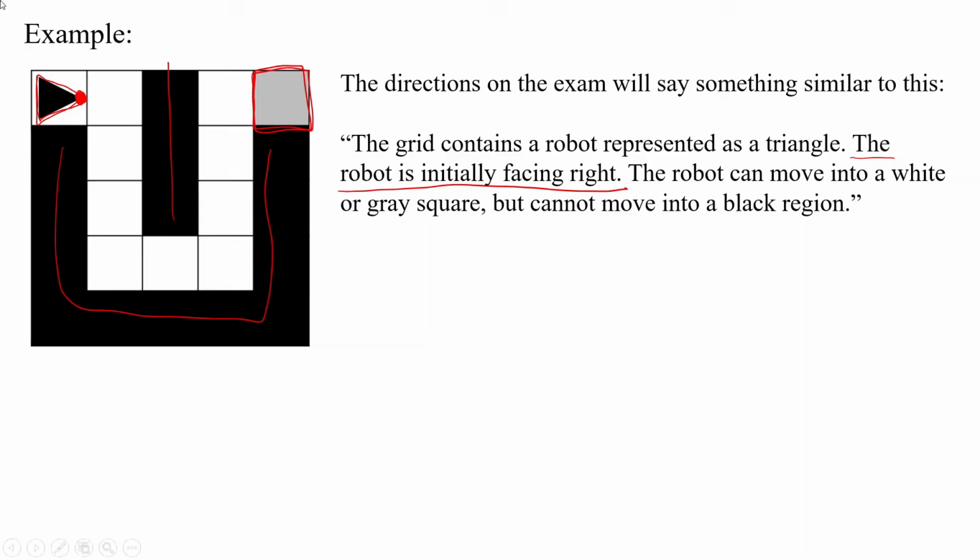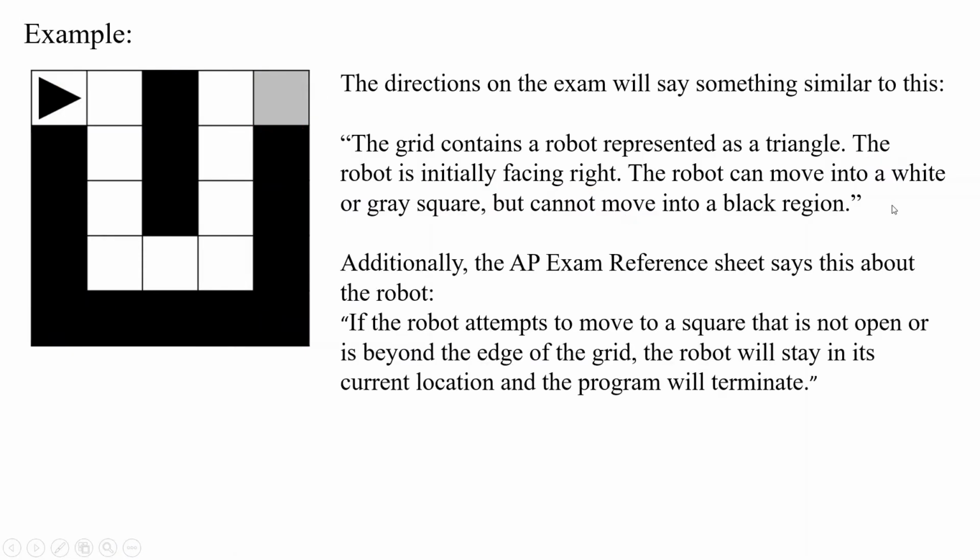So you'll see some exam questions with the gray square, and sometimes it won't have a gray square. Additionally, your AP exam reference sheet has all of the robot commands that are going to be given. And it also says this: if the robot attempts to move to a square that is not open or is trying to move beyond the edge of the grid, the robot stays in its current location and the program will terminate. So that means the robot is not allowed to move in those black squares, and it's not allowed to move off the grid at all.